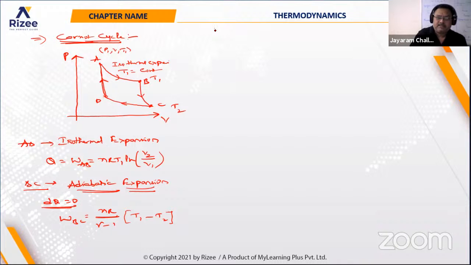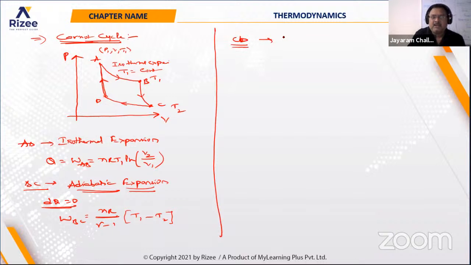Now coming to the rest, that is from CD. In this process, what is happening? It is an isothermal compression. Since it's an isothermal compression, the work done from C to D will be negative.